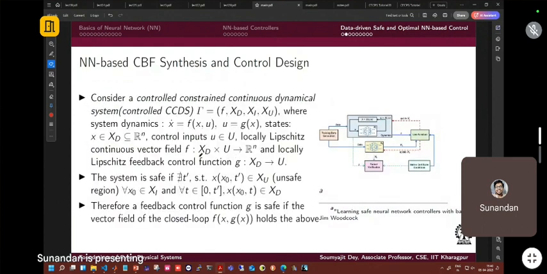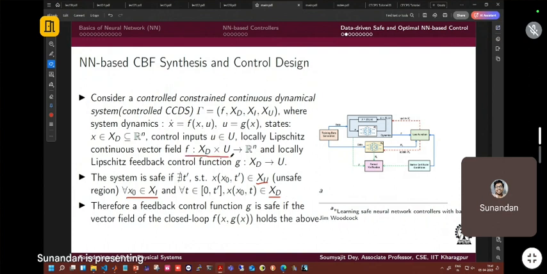XI is the initial points. XU is the unsafe region, and XD is the domain where we want to be.